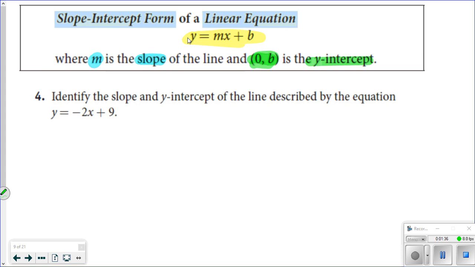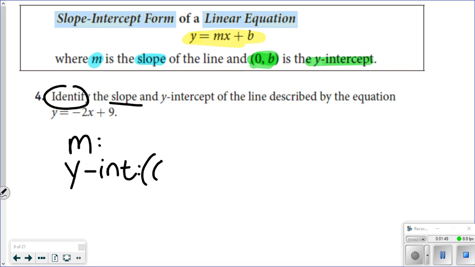So looking at question 4 on the bottom of that page, it says identify the slope and your y-intercept of the line described by the equation y equals negative 2x plus 9. So if I look above, my m is the slope and it occurs in front of or before the x.